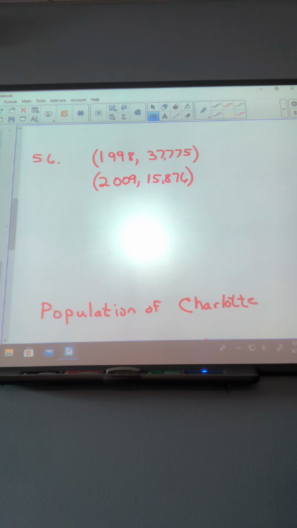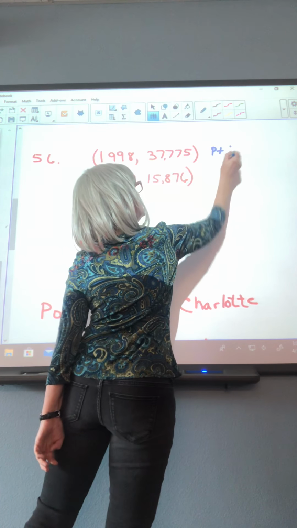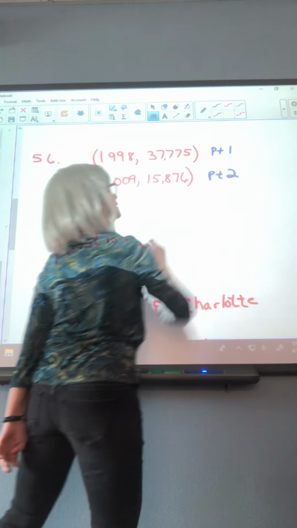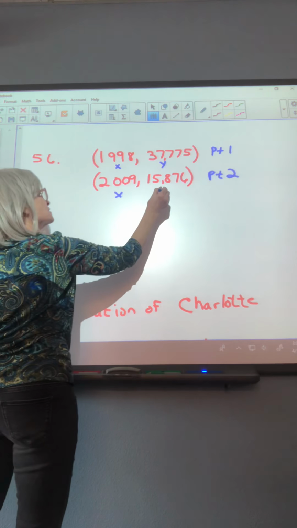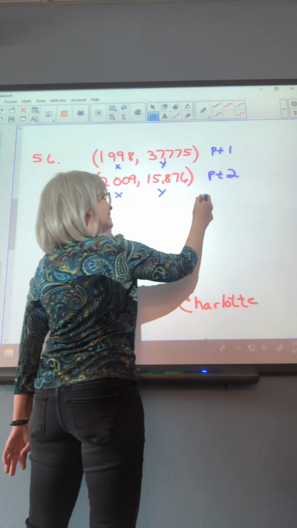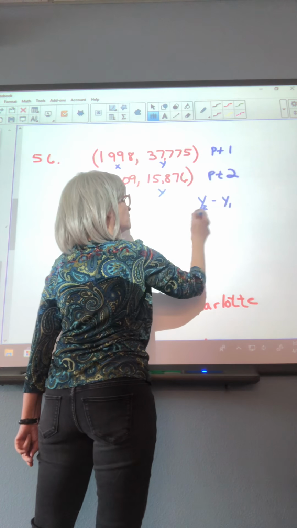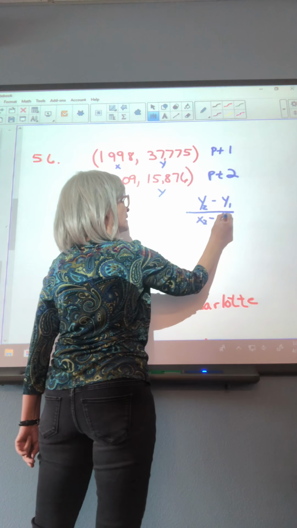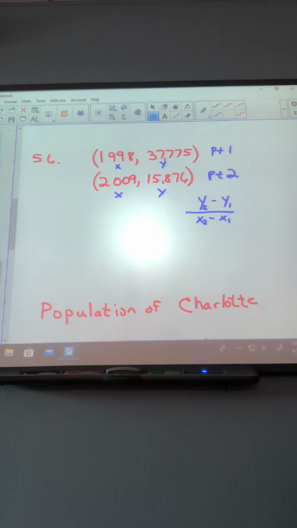And so the first thing you're going to need to do is find slope with those two points. So let's make this point 1 and we'll make this point 2. Remember, this is the x, this is the y, this is the x, this is the y. And our equation is y2 minus y1 over x2 minus x1. So go ahead and do the math, and I'll do it also as you are doing it.